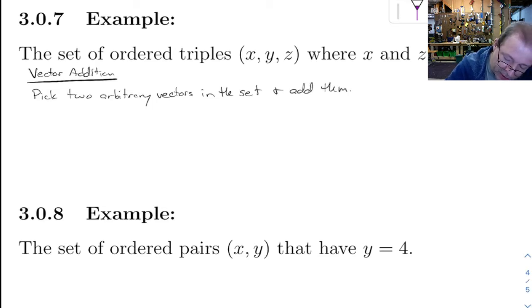Then you check whether the sum is still in the set.